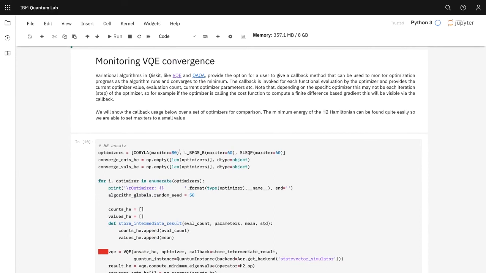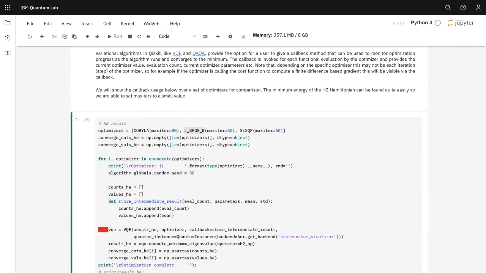which can all be good for certain problems and bad for other problems. For example, this optimizer SQP is not great for systems with noise, but it does very well for the state vector simulator. COBYLA optimizer doesn't use gradient, and BFGS uses gradient to optimize.